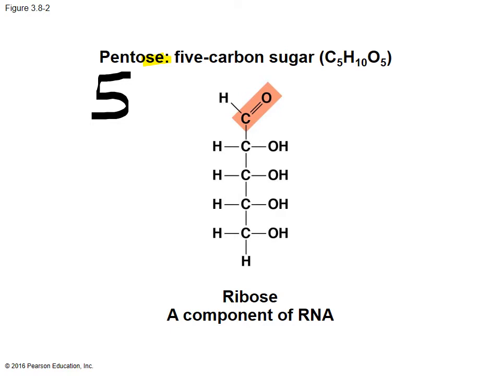So this particular pentose is a sugar called ribose, and what you need to remember is that ribose combines with another macromolecule that we will talk about later, the nucleic acids. So ribose is just literally the sugar that is attached to the nucleic acid for this particular molecule.